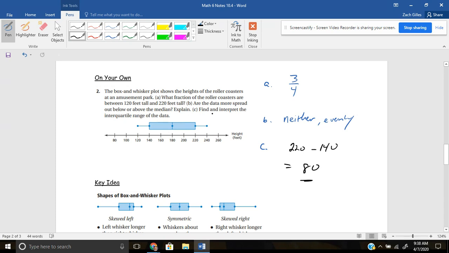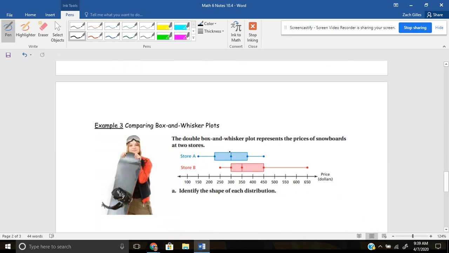That means the middle half of the heights. Remember, our median is 180. The middle of our heights vary by no more than 80 feet. It won't vary more than that for our middle set of our data.